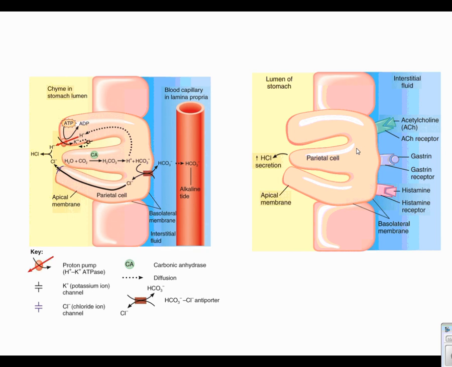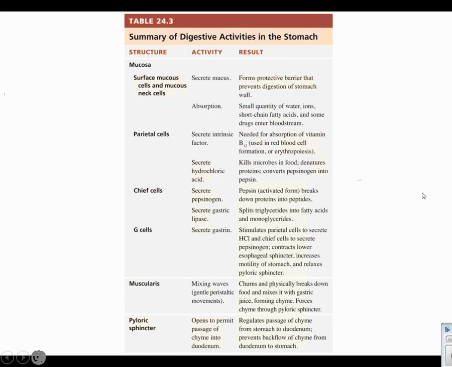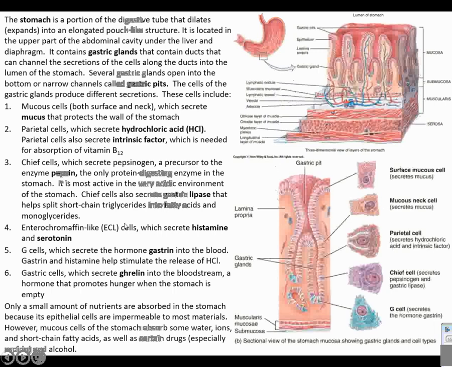When we want the rest and digest activated, we want to secrete hydrochloric acid because that helps us rest and digest. The other two things that can stimulate the secretion of hydrochloric acid would be gastrin, that's released actually by the stomach itself, as well as histamine. Once again, those were produced by the ECL cells and the G cells of the stomach.